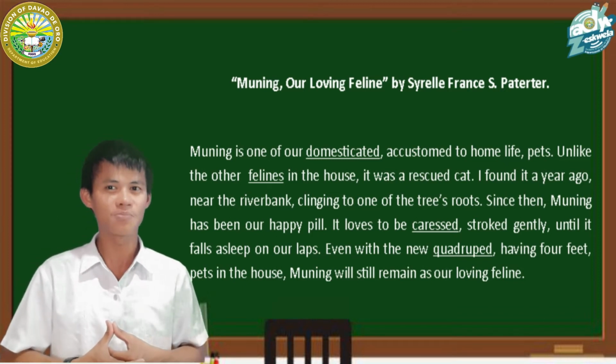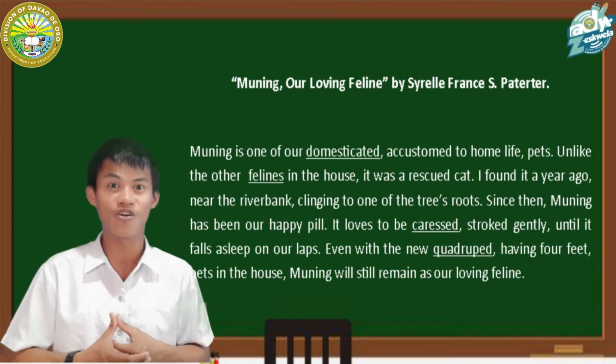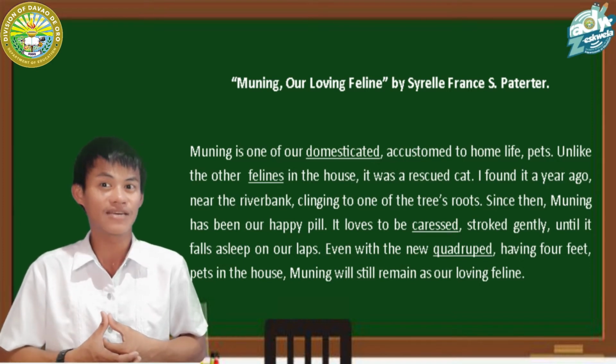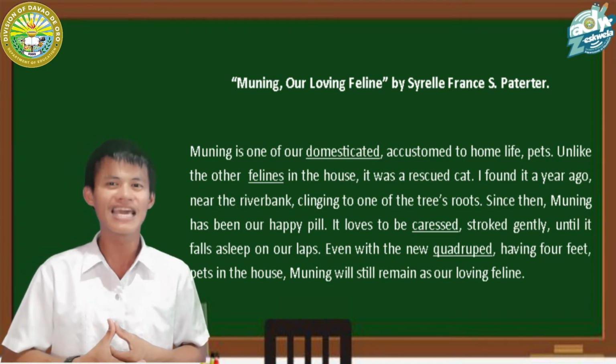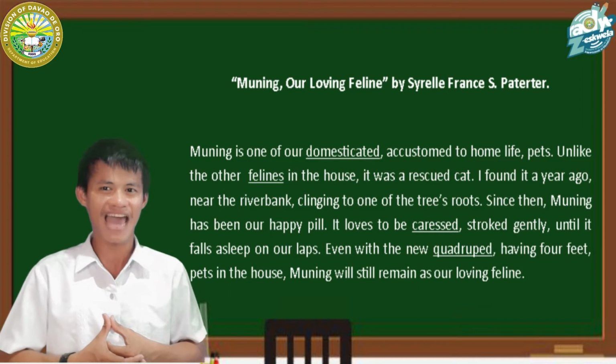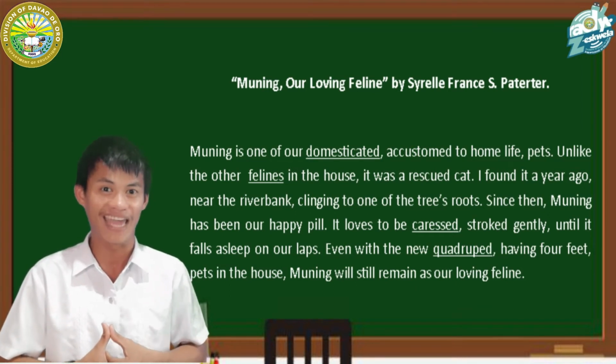Since then, Muning has been our happy pill. It loves to be caressed, stroked gently until it falls asleep on our laps. Even with a new quadruped, having 4 feet, pets in the house, Muning will still remain as our loving feline.